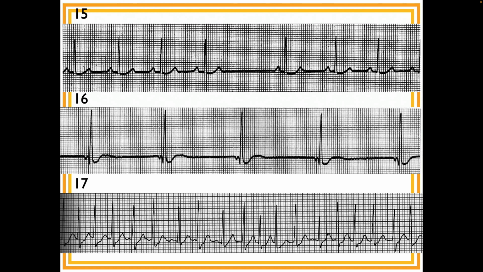P waves are present and upright. Yeah, P waves are upright. This is just like normal sinus with like sinus block. Yeah. Okay, perfect.